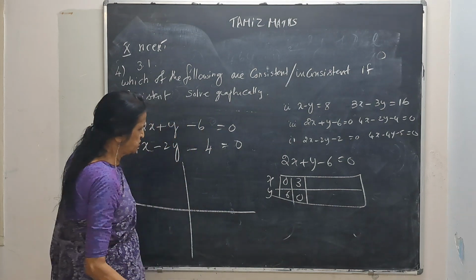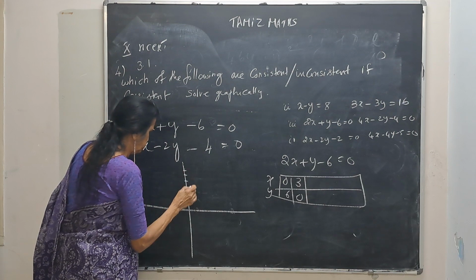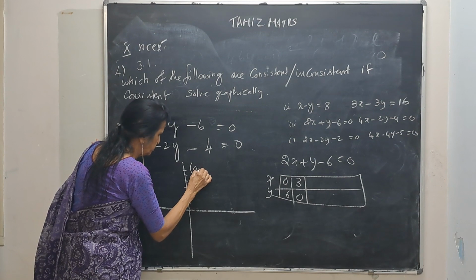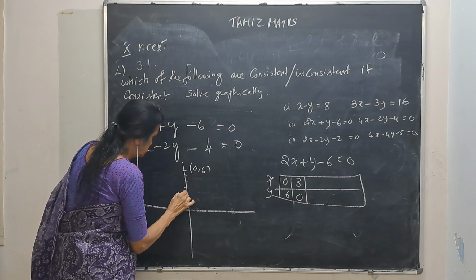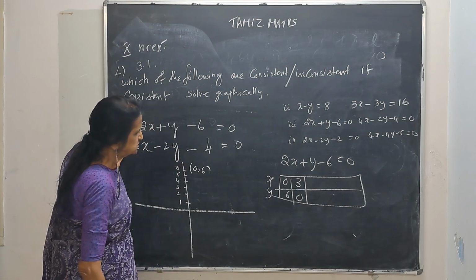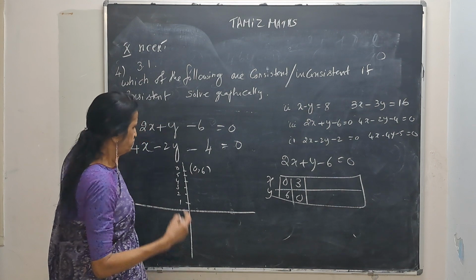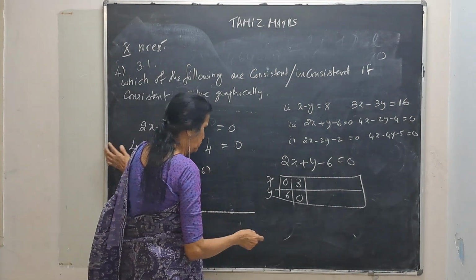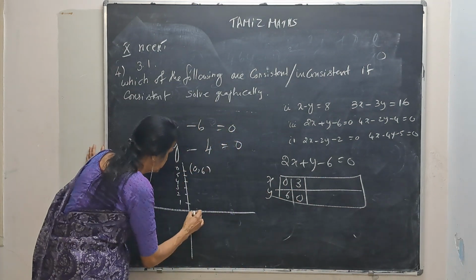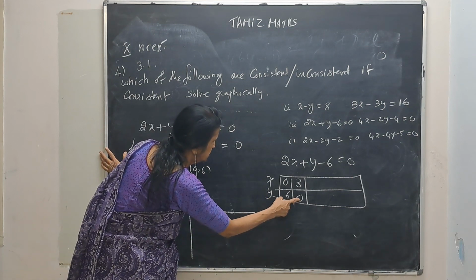So let us draw 0, 6, counting 1, 2, 3, 4, 5, 6. Next is 3, 0. When y is 0, x will be 3.